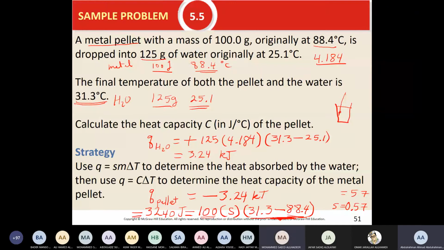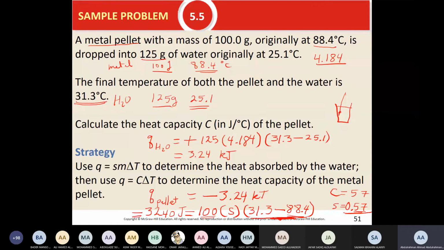He asked for the heat capacity, not the specific heat. It's different from the specific heat. Yes, the specific heat is 0.57, but the heat capacity is 57.